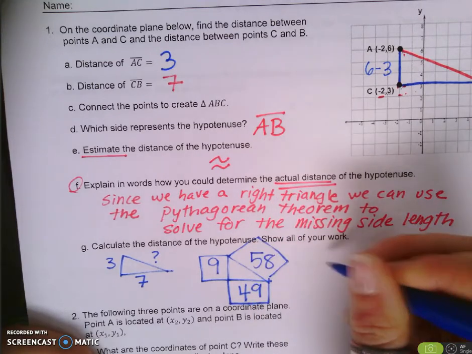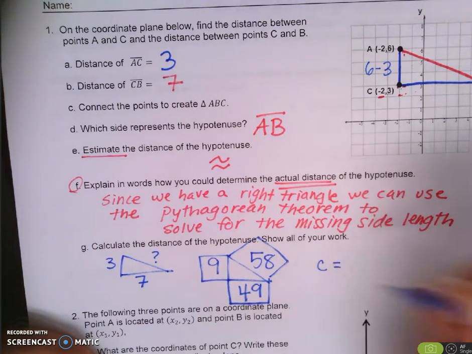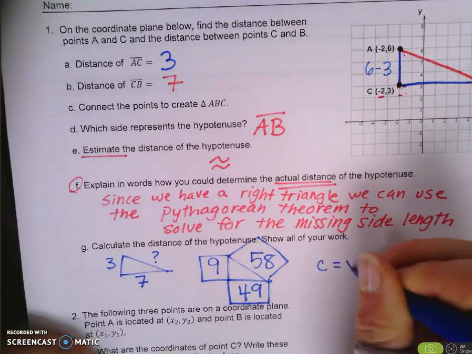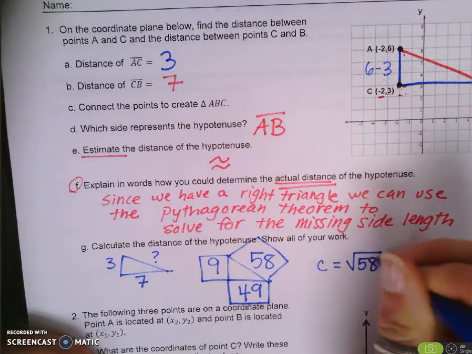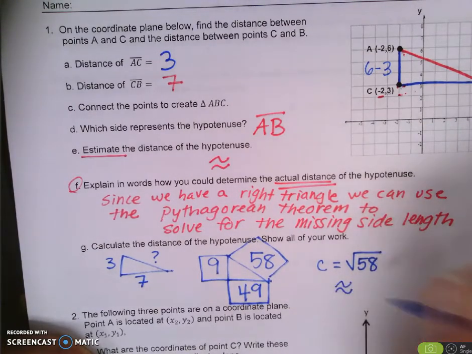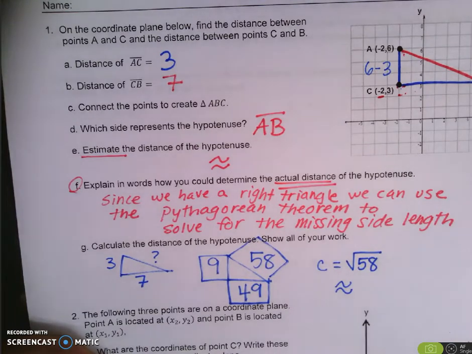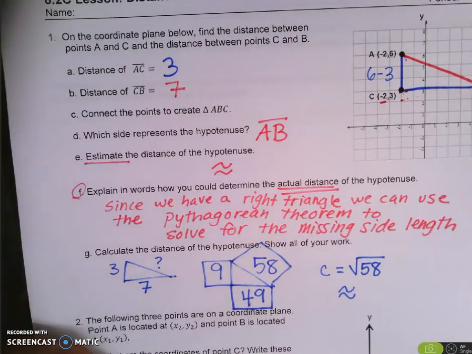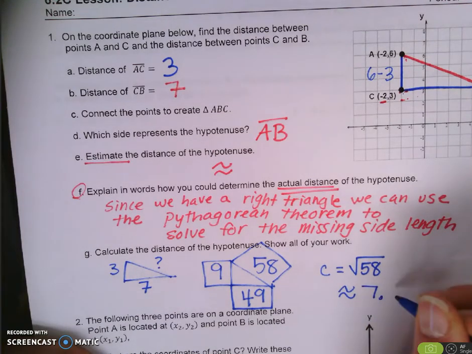So I know that the missing distance, C, is radical 58. You can go ahead and use your calculator to estimate that. Take a moment, go ahead. Don't forget to use the second button and then x squared to activate that radical. And you get about 7.62, to 2 decimal places.